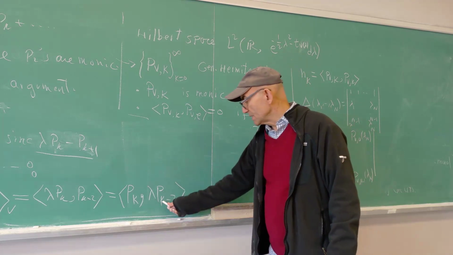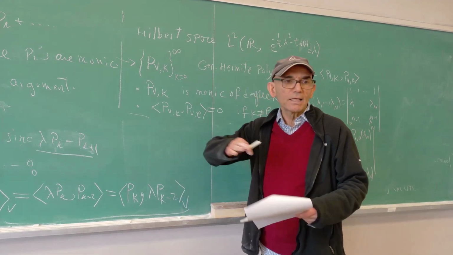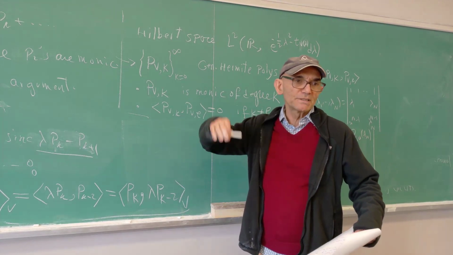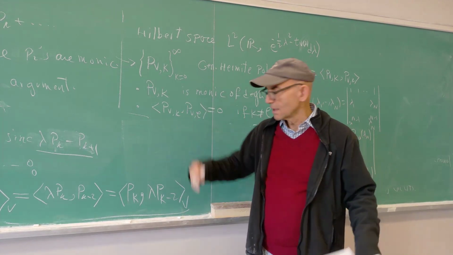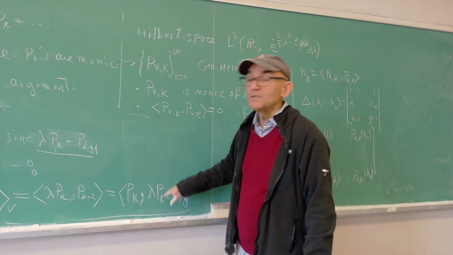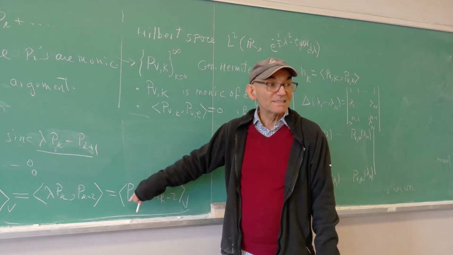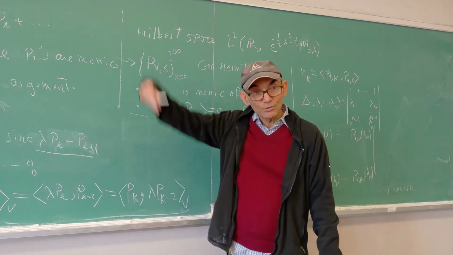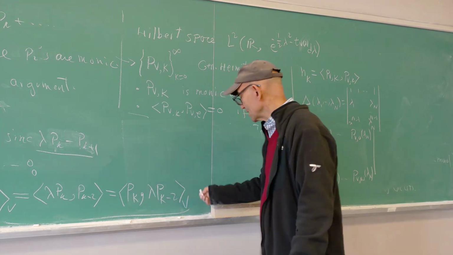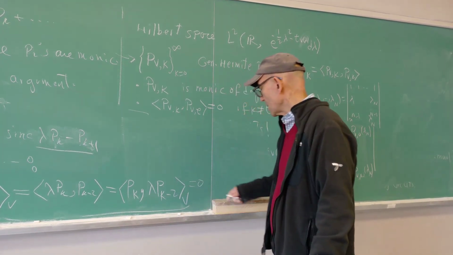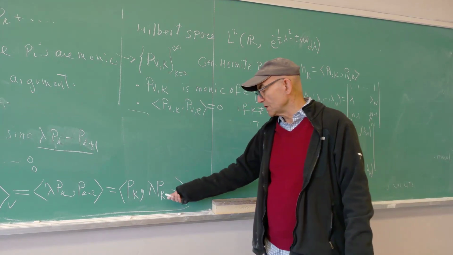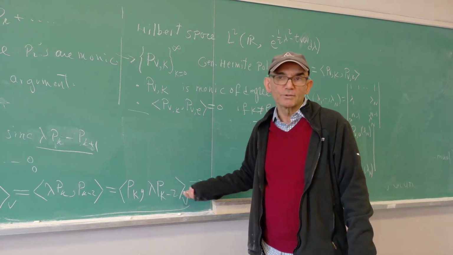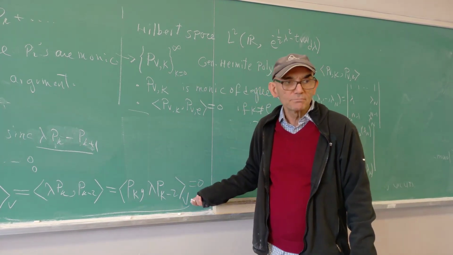Well, because lambda pk minus 2 is in the span of p0, p1 up to pk minus 1, sorry, but this is in pk, and pk is orthogonal to all of them. So this is equal to 0. Same with pk minus 3, pk minus 4, and so on.